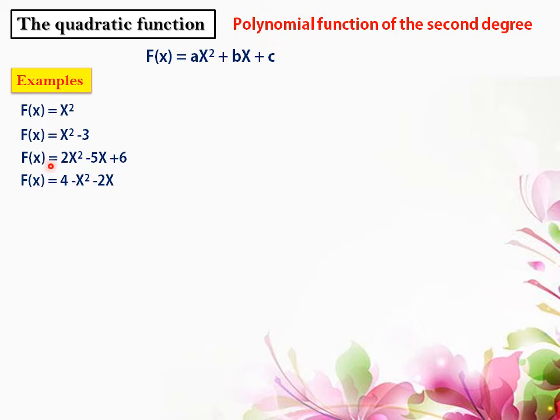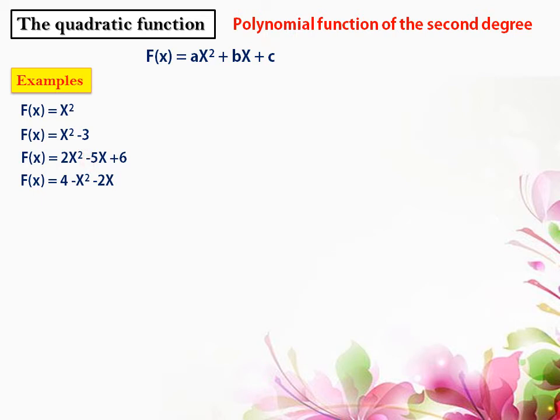F of x equals 2x power 2 minus 5x plus 6. The highest power of the variable is 2, so it is called quadratic function. The last one, f of x equals 4 minus x power 2 minus 2x. The greatest power here is 2, so it is called quadratic function. We know that what is at the right of the equal sign is called the rule: x power 2 is the rule, x power 2 minus 3 is the rule.